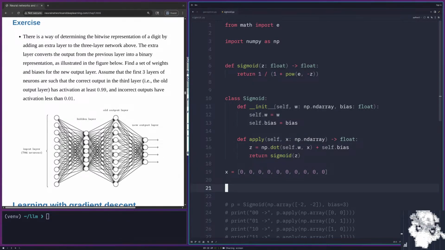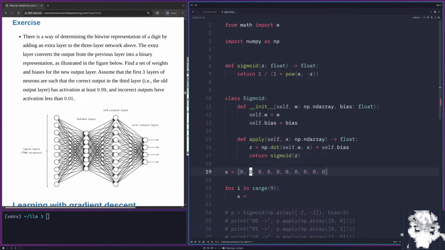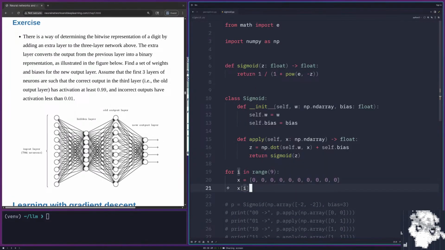Here are our test cases. For i in range 9, X equals this, X of i equals 1.